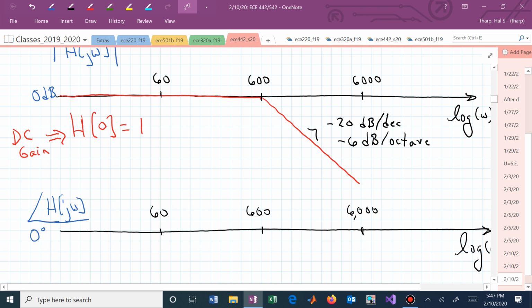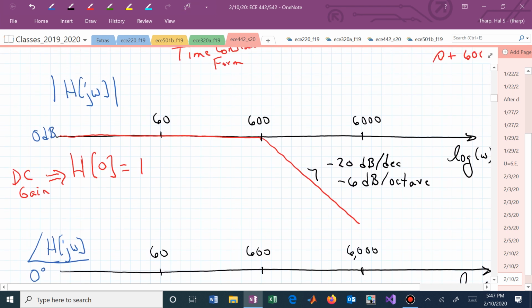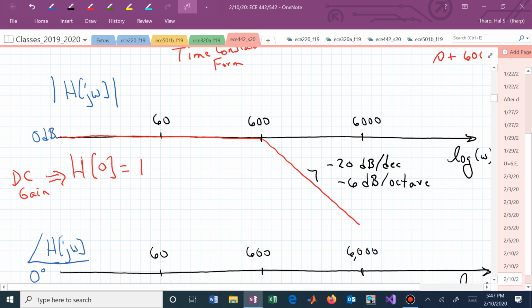What's our phase curve look like? Question? 6 dB per octave, that's minus 6 dB per factor of 2. If we're starting at 600, then I could walk over to 2 times that, or 1200, and then I would be down 6 dB from where I was at 600. In this case, it would be at minus 6 dB, because I started at 0.